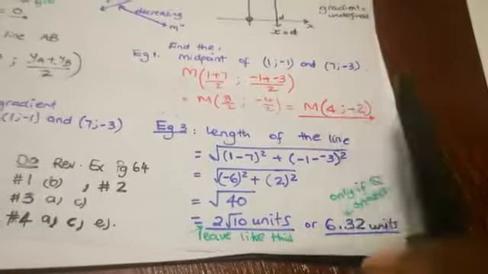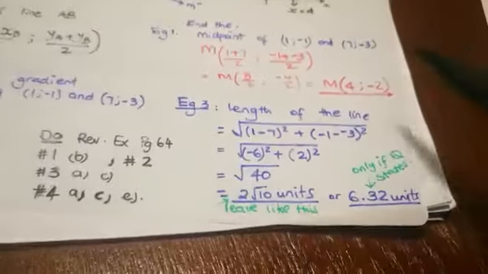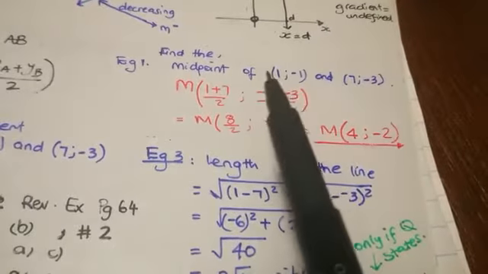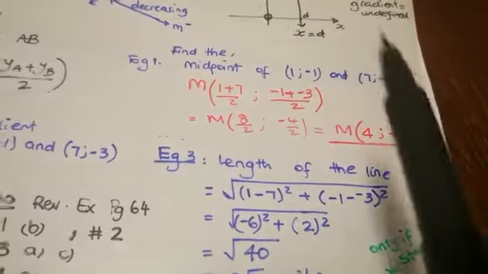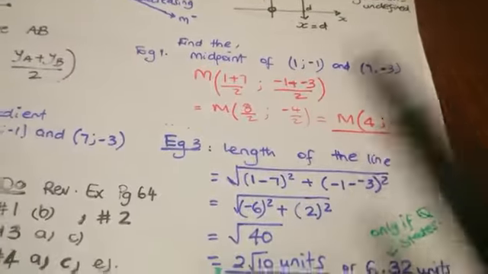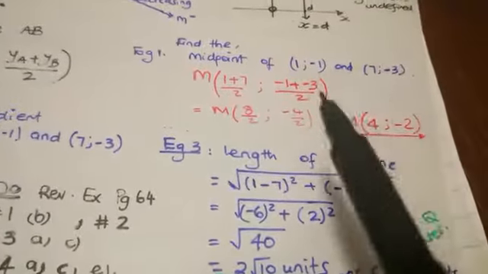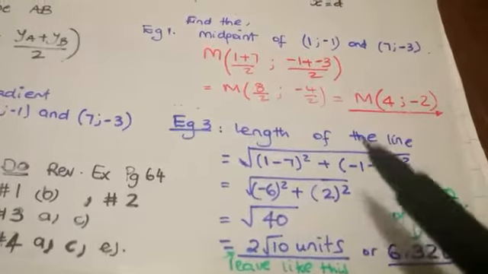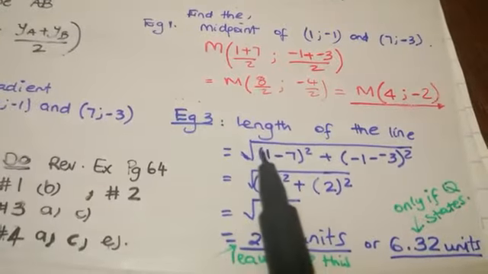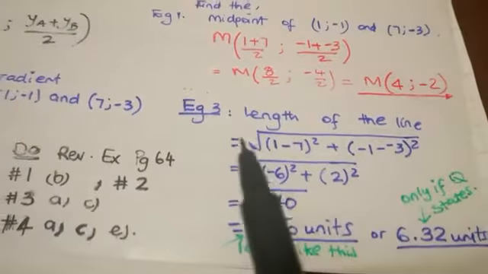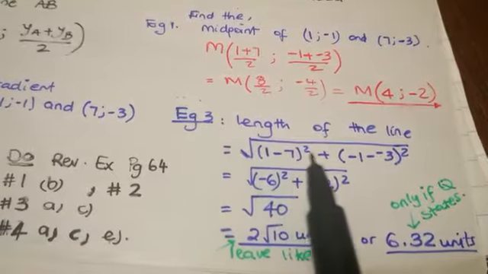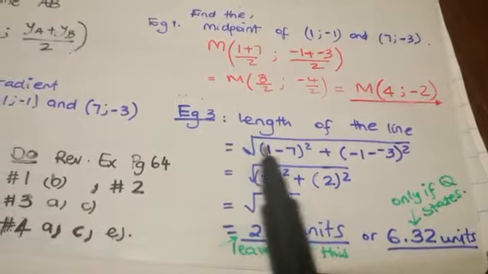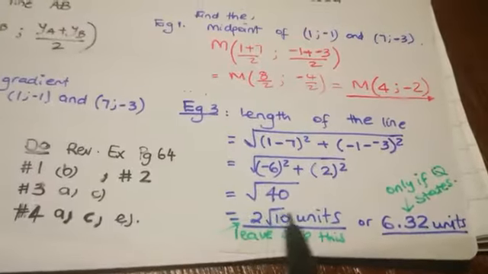For the length of the line, I'm still using the same coordinates. Remember, the length of the line uses the difference between the x values and the difference between the y values. So 1 minus 7 is negative 6, squared, and then negative 1 minus negative 3. As long as you have shown your substitution, you can just put this in your calculator and go to your answer.